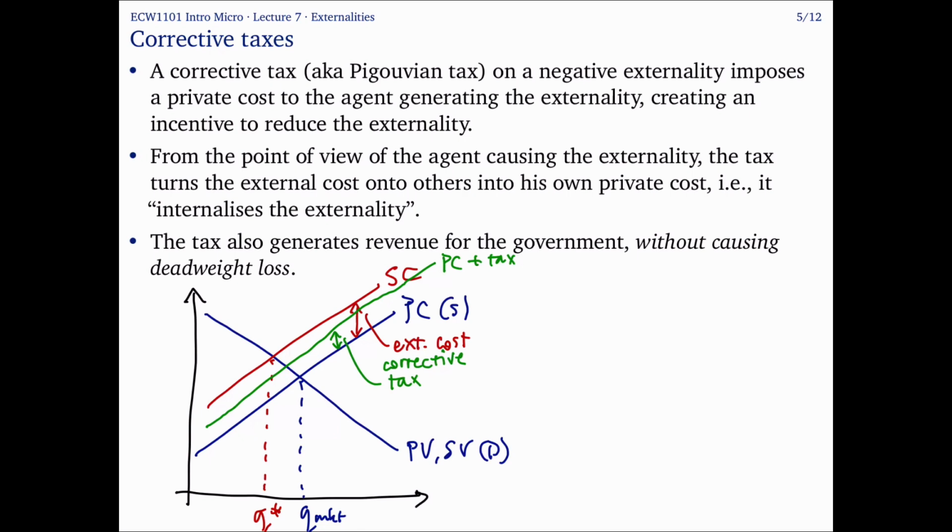So now, what is the quantity that is reached with the unit tax? The unit tax shifts the private cost curve upwards a little bit. It increases private costs, right? The costs that the polluters, let's say, bear now are the private costs due to their technology and so on, plus the tax, right?